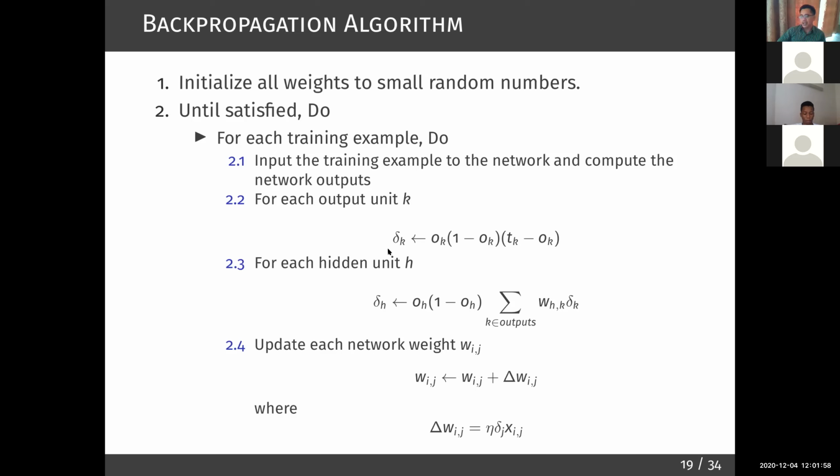Delta K, because there are different deltas when you are considering the final output or the hidden layer. If you are at the final output, this is easy, you can compute this. But when you're in the hidden layer, this delta K goes in here, multiplied by the weights of the output layer, multiplied by this.